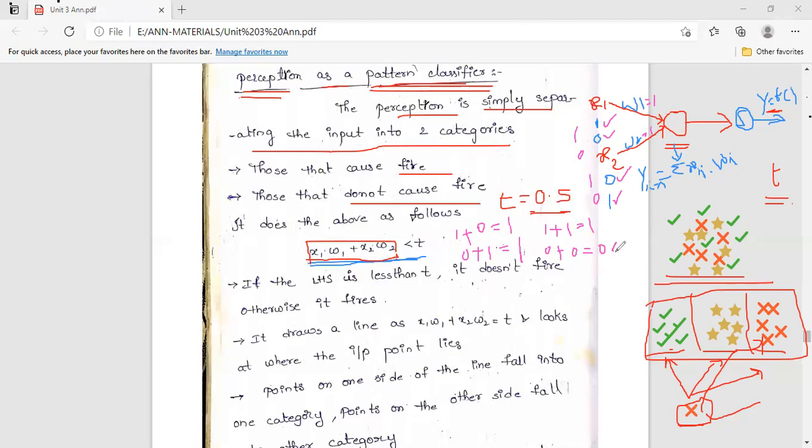Now this 0 is less than T, 0.5. So in this situation, we may say that the inputs are not fired.